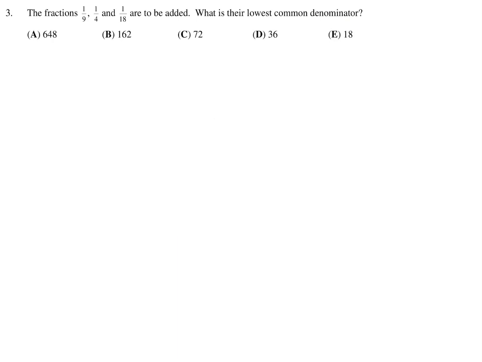The fractions 1 over 9, 1 over 4, and 1 over 18 are to be added. What is their lowest common denominator? So we're finding a common denominator for these fractions. Let's see here. If 18 is the lowest common denominator, I would have to multiply top and bottom here by 2. But unfortunately for the 4, there's nothing I can do because 18 divided by 4 is not an integer.